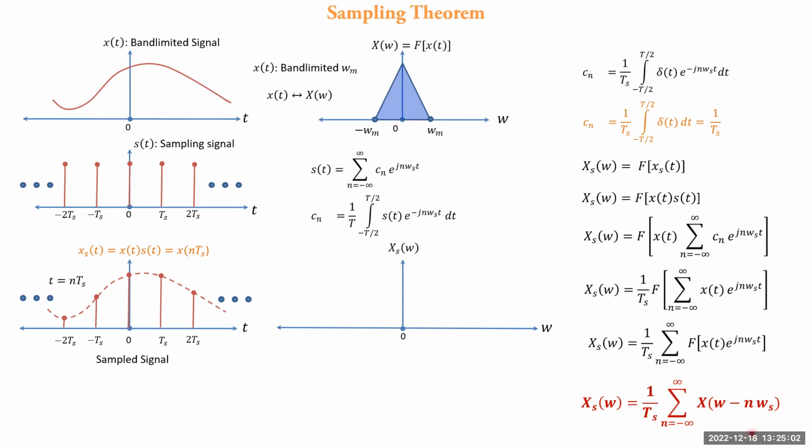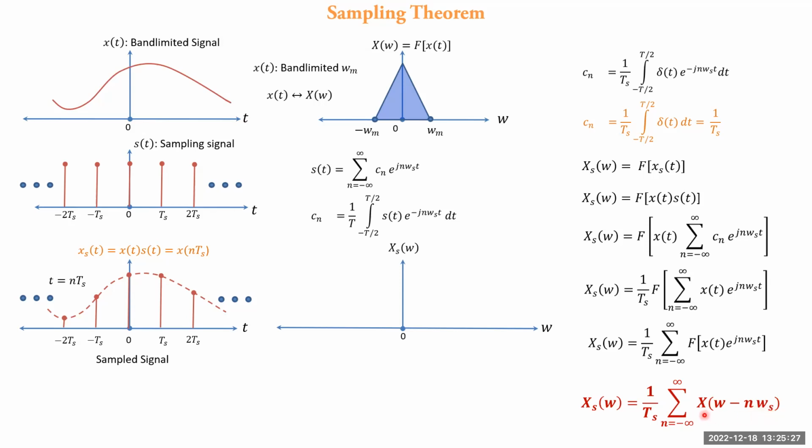Even though this equation looks slightly complex, conceptually it is a pretty straightforward equation. So here, try to understand the terms. X of omega is the Fourier transform of the original analog signal, x of t, and that is shifted by an amount n omega s.